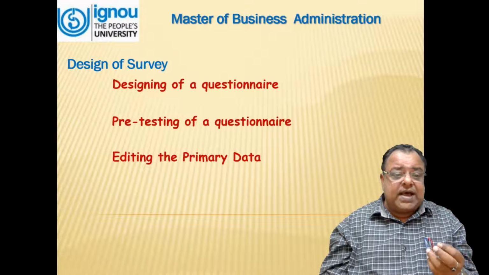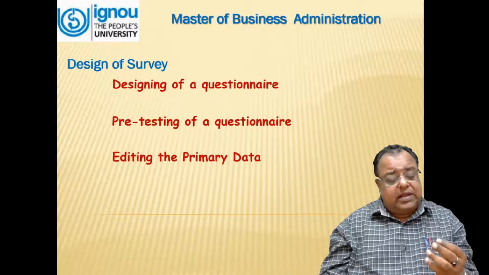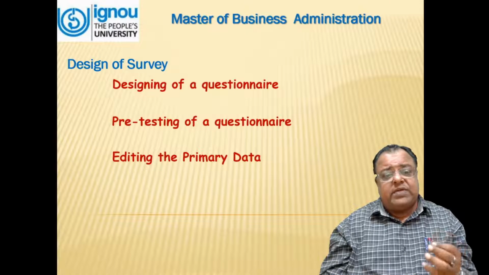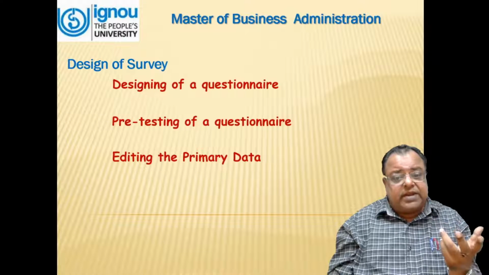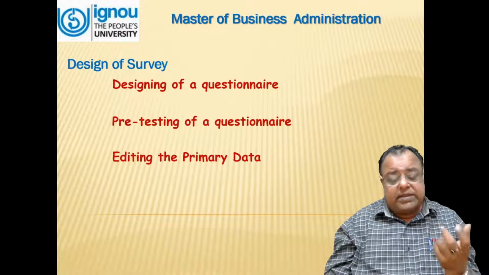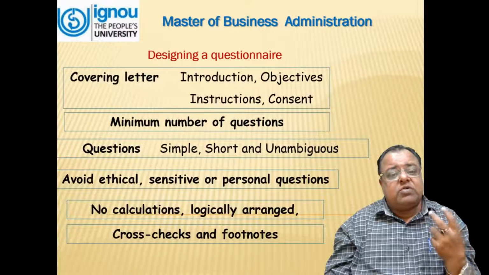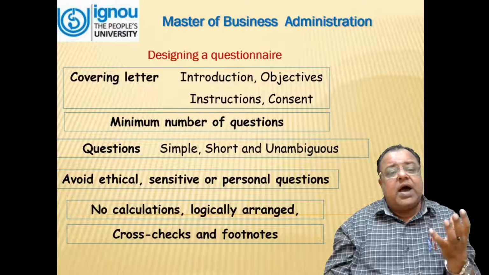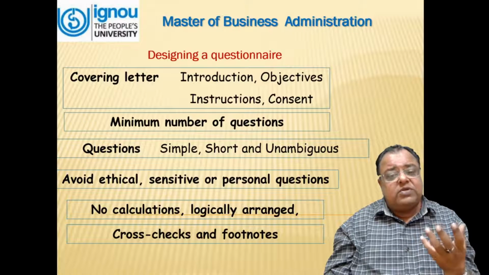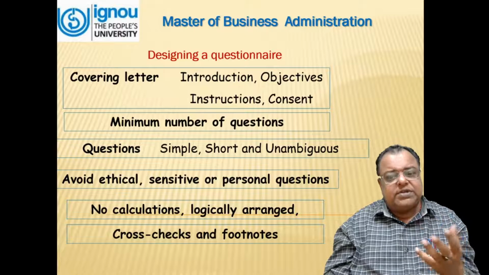Now, how to design a survey? Initially we have to start with designing of a questionnaire, its pre-testing and editing the primary data. So we will discuss one by one over here. How is designing a questionnaire done? We have to have a covering letter, which includes the introduction, objectives, instructions, consent.